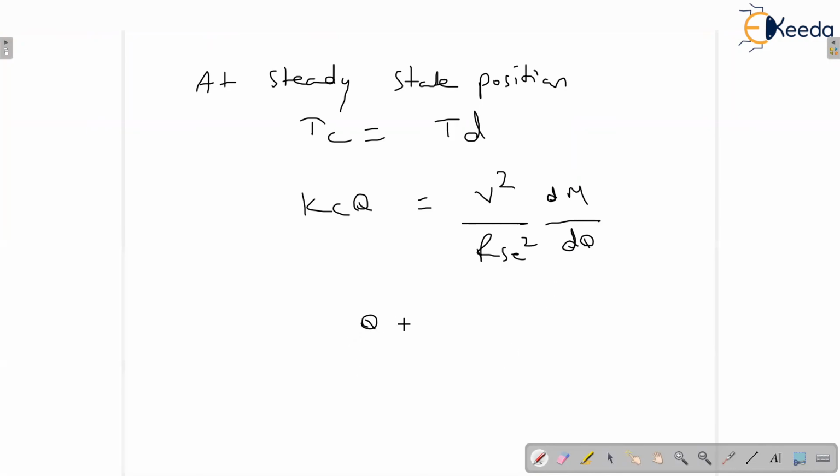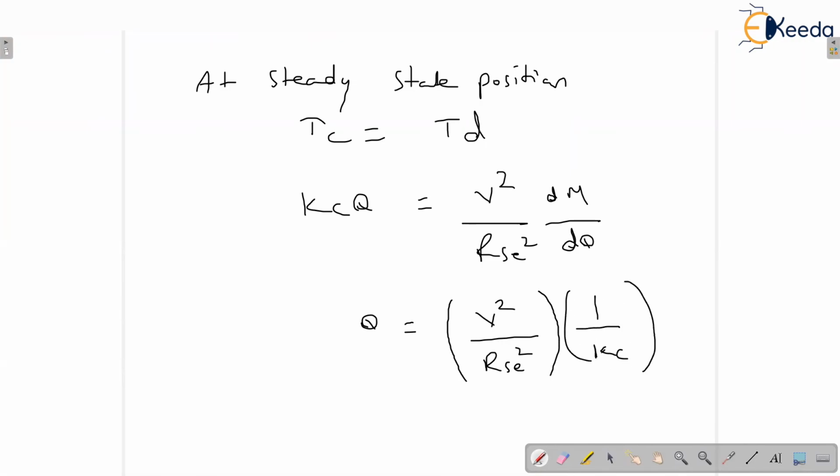So theta is equal to V square by RSC square, 1 by Kc, dm by d theta.